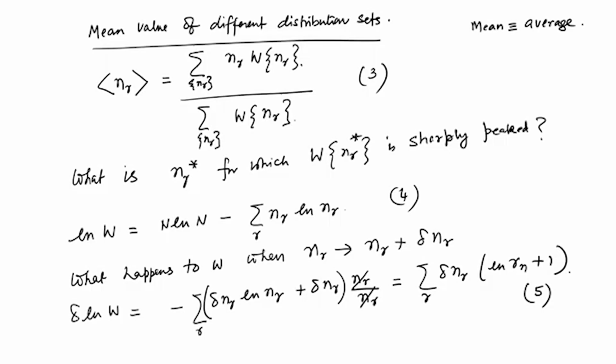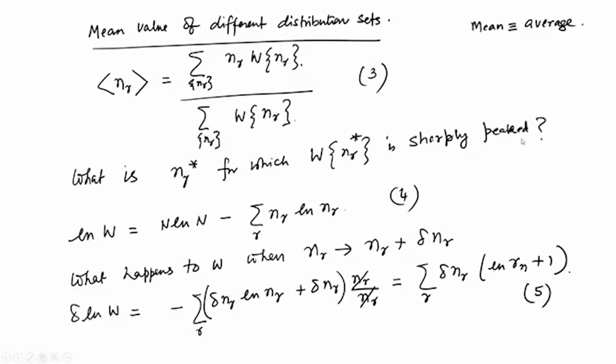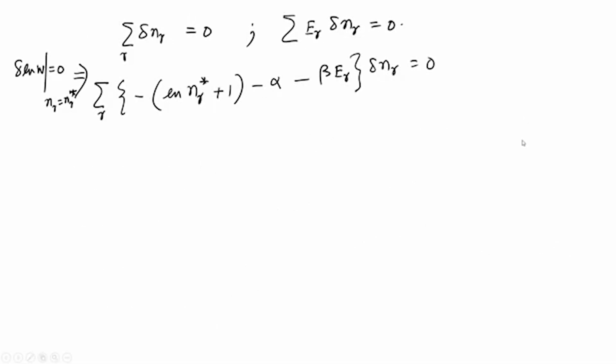So this sum that you see here is not an independent sum, but it is subject to these two conditions which are written here. Let me write them as equation 6, say 6a and 6b. Because of equation 6a and equation 6b, we have two Lagrange's undetermined multipliers.